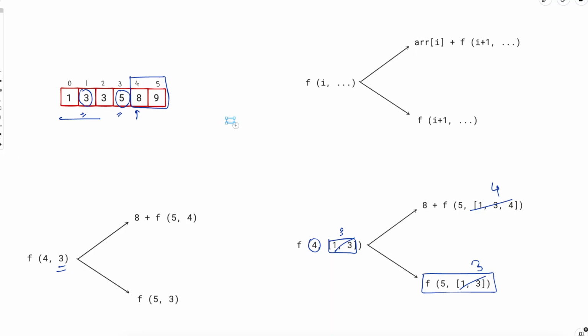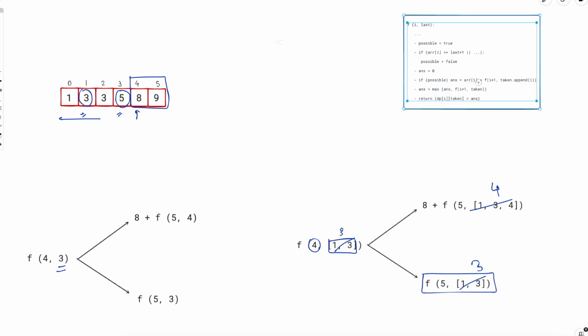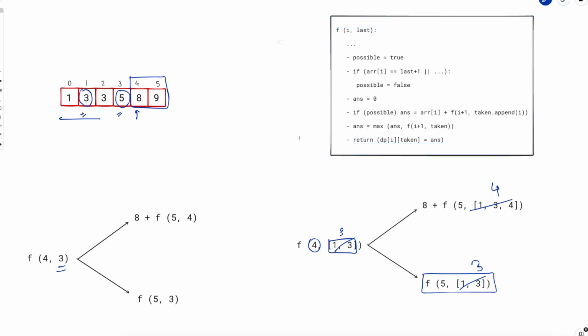Now how would the pseudocode change? The pseudocode would look something like this. Instead of maintaining a list, we are simply maintaining the last element. Remember previously we were iterating over all the elements for this condition, but now we simply need to check all these conditions of x plus 1, x minus 1 for this last element only.